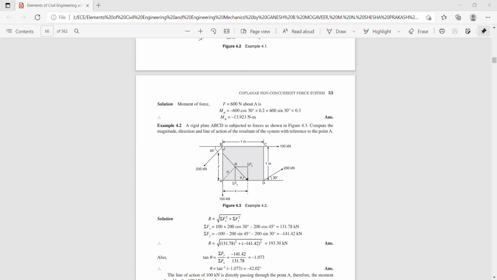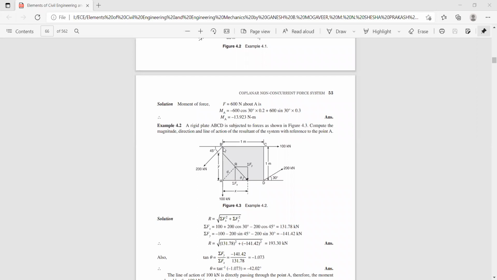Now here its x component is in this direction. It is 200 cos 45, and its y component is acting like this. So it is coinciding with this point. So for the vertical component of this force, the moment is 0 because it is in line with AB. So only for the horizontal component, it is 200 cos 45.